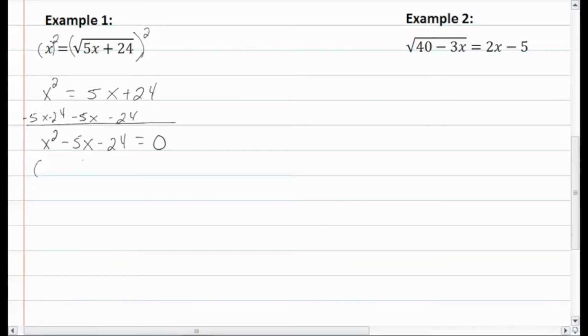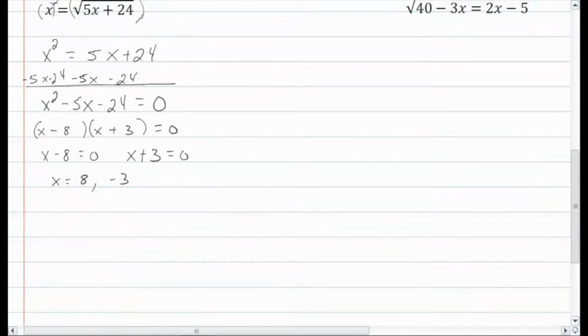This will factor out as x minus 8, x plus 3 equal to 0. We set each factor equal to 0 and solve, and we'll get x equal to 8 and -3.